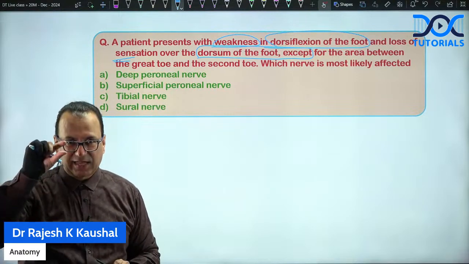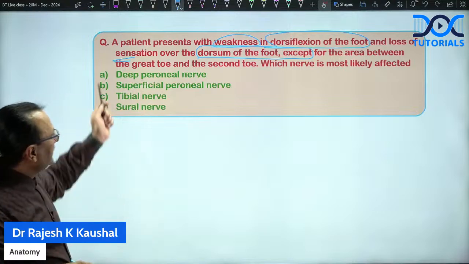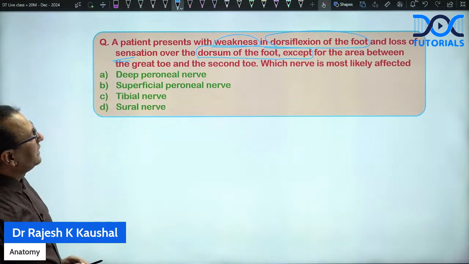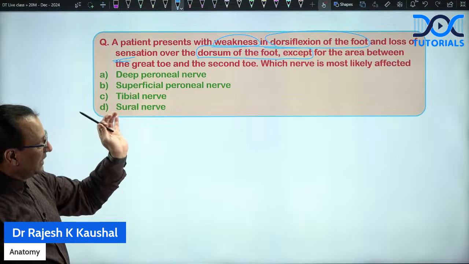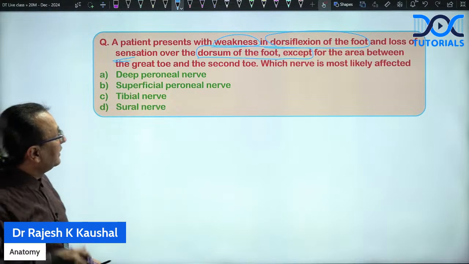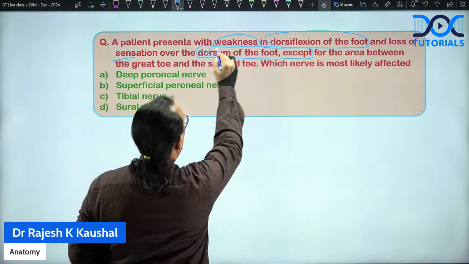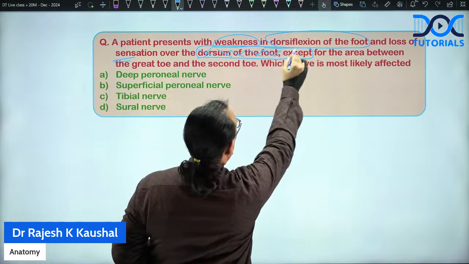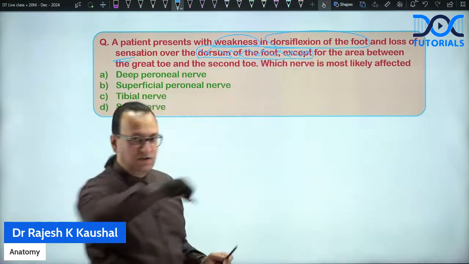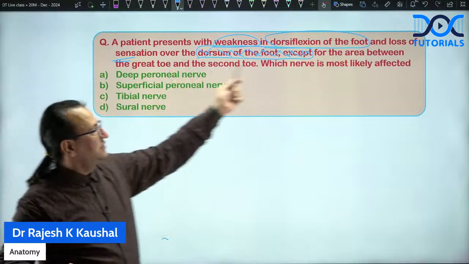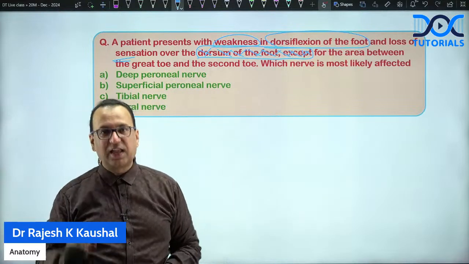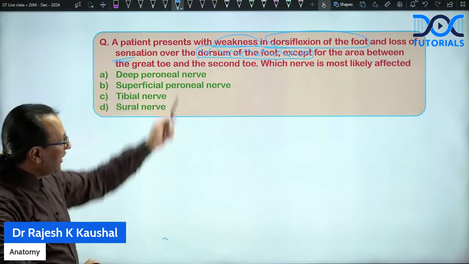So there's a clerical error in the question. What is the clerical error? The patient presents with weakness of dorsiflexion and loss of sensation. Remove this. That was the question actually. You remove it, then it becomes a correct question.